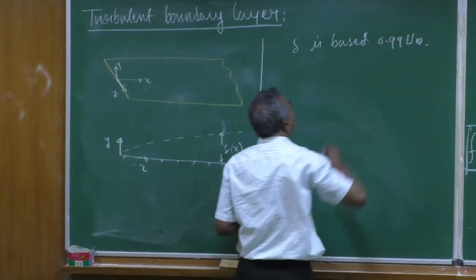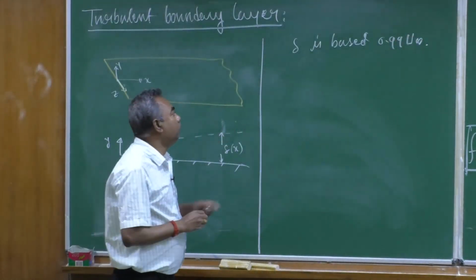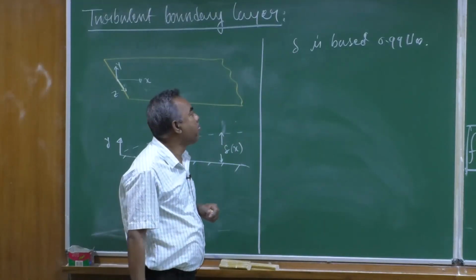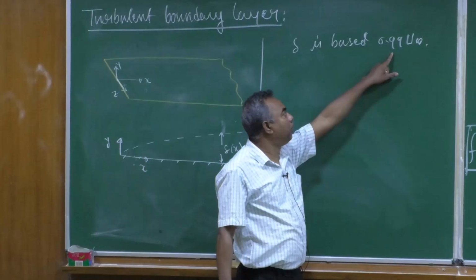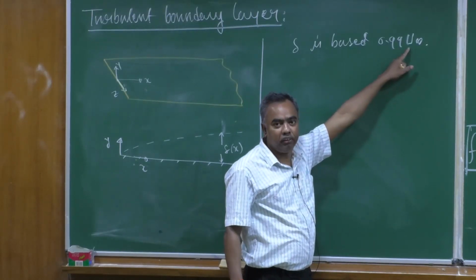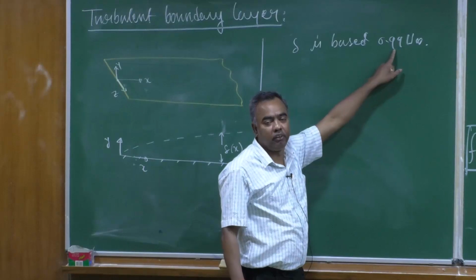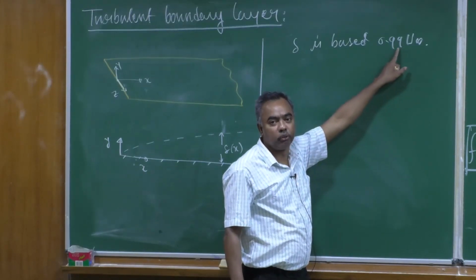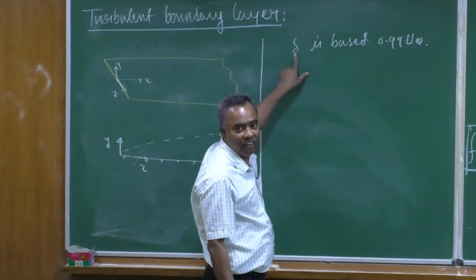Now, this particular delta is poorly defined. Why? Because it depends on the velocity difference between u infinity and 0.99 u infinity. So, it is very difficult to measure this kind of difference close to the edge of the boundary layer. So, it is not well defined actually.